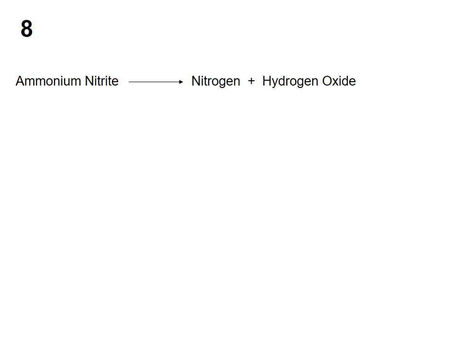Okay, ammonium nitrite plus nitrogen gives you hydrogen oxide. So ammonium, we know, is plus 1. Nitrite is minus 1. Nitrogen is an element, so there's no oxidation number involved here. Hydrogen oxide, compound, so we know that's plus 1. Oxide is minus 2.